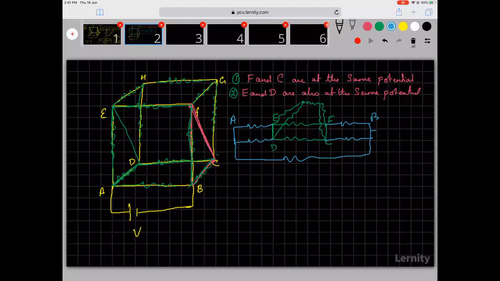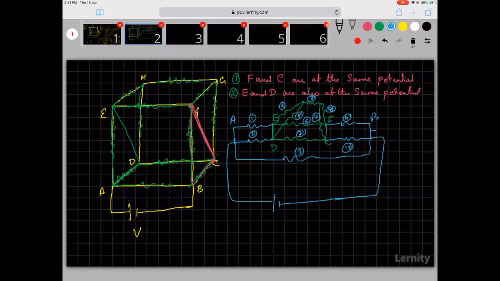Now if I look at it, I have drawn 1, 2, 3, 4, 5, 6, 7, 8, 9, 10, 11, 12. So I have drawn 12 resistors. Now these are all series parallel.